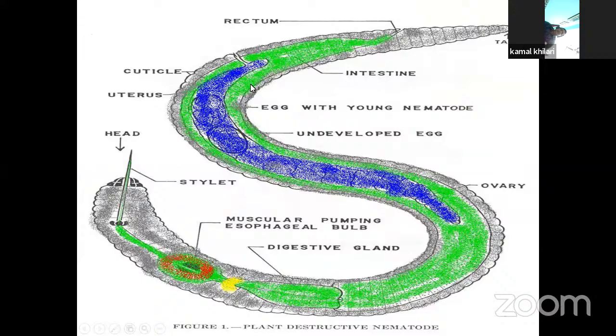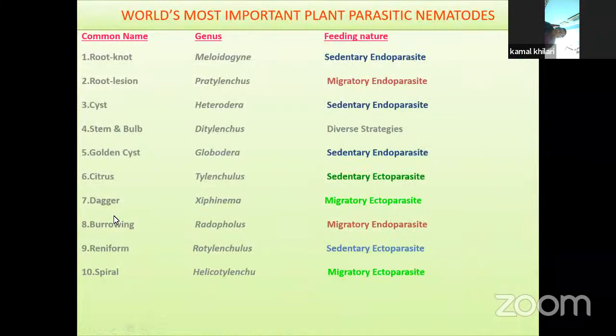This nematode is a tube-like structure, a hollow tube. And in this hollow tube, there are different parts, digestive part and reproductive part and other parts. And this plant parasitic nematode is very much different from the animal parasitic nematodes, saprophytic nematodes and fungal feeder nematodes, because plant parasitic nematodes have this very specific structure.